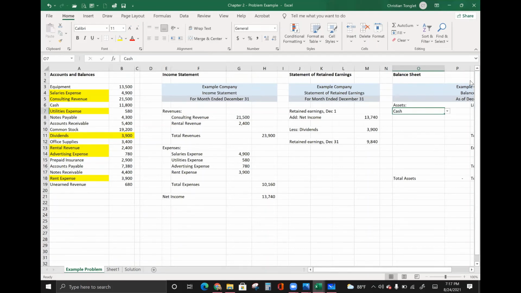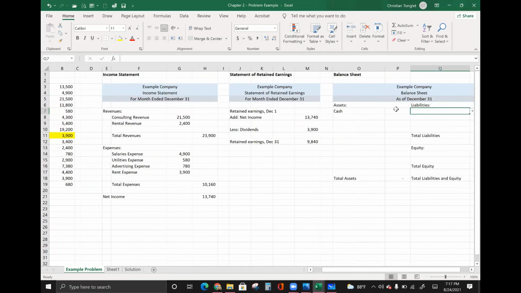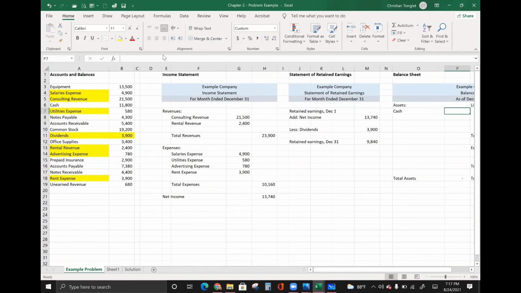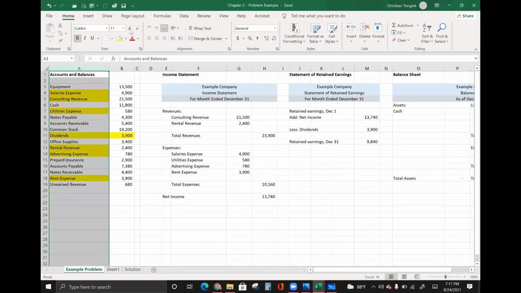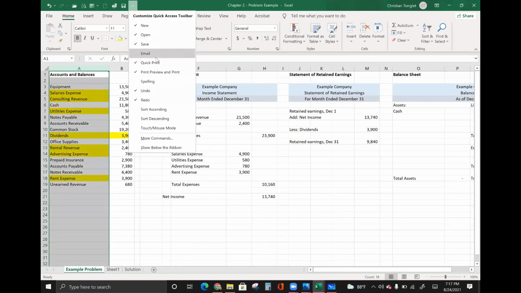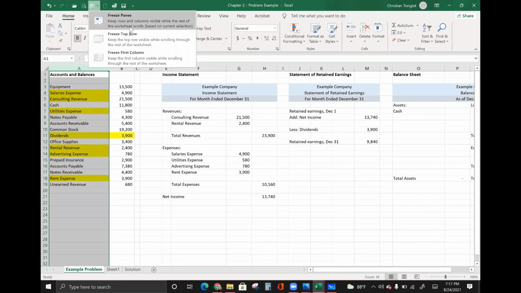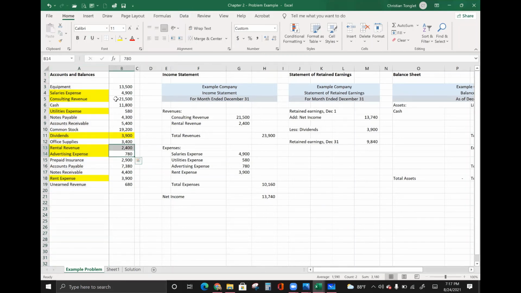So cash is usually always first, cash and cash equivalents. Okay, so we have cash. Cash is 11,800.